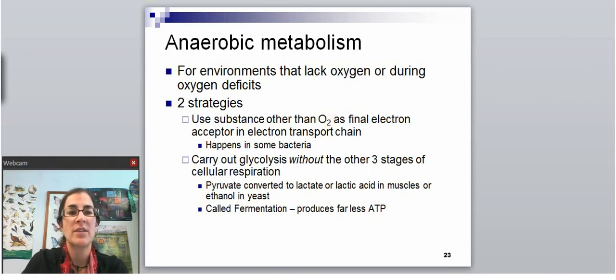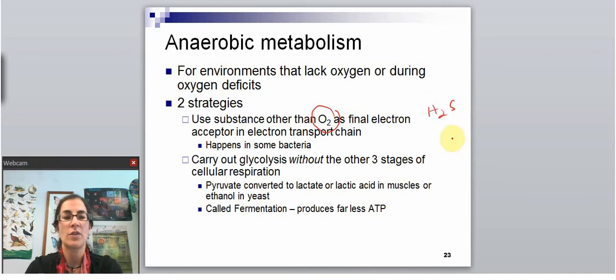In anaerobic respiration, they're going to use something other than O2 as the final electron acceptor. So they'll have a process very similar to ours, but at the bottom of the electron transport chain, they'll have something like a sulfur compound or something else that will be the final electron acceptor. This is present in things like bacteria.